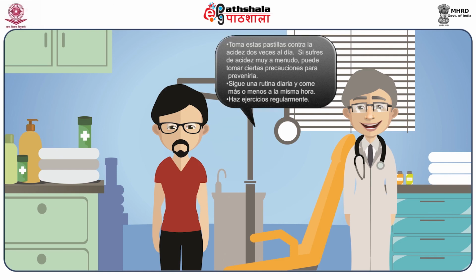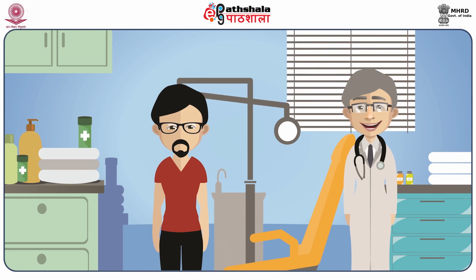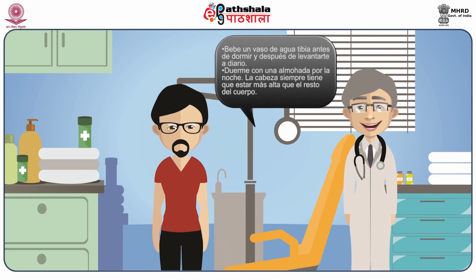Toma estas pastillas contra la acidez 2 veces al día. Si sufres de acidez muy a menudo, puede tomar ciertas precauciones para prevenirla. Sigue una rutina diaria y come más o menos a la misma hora. Haz ejercicios regularmente. Bebe un vaso de agua tibia antes de dormir y después de levantarte a diario. Duerme con una almohada por la noche.